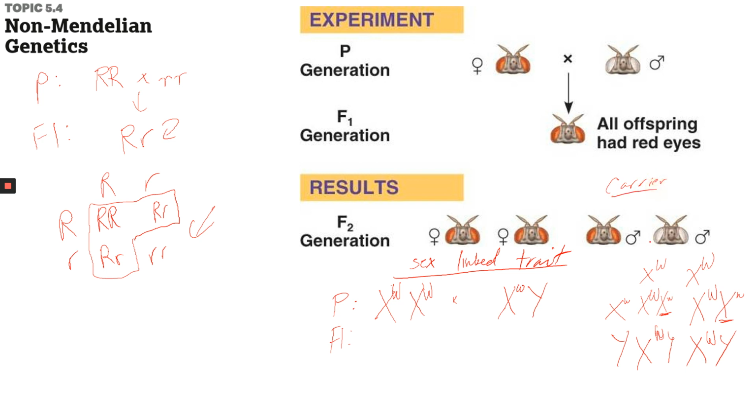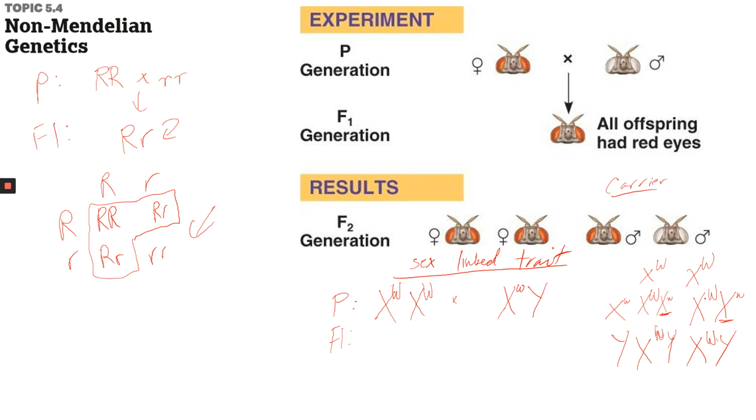A carrier is somebody that does not show the recessive phenotype, but does carry that recessive trait. Over here, we have another female carrier. So all of our females, half of our population, carry the trait. All of our males do not have the trait because they have a Y chromosome in that second slot right there. So this is kind of what he saw.